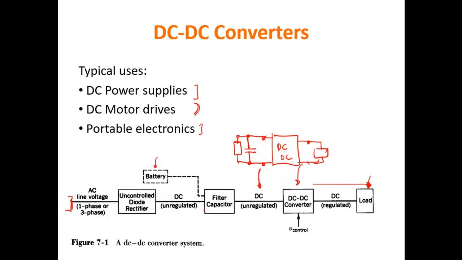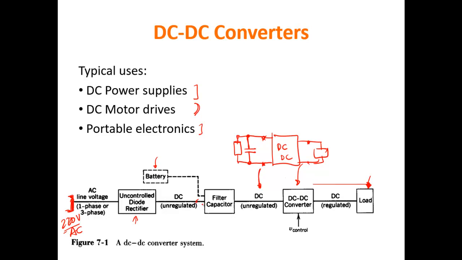The only difference is that from the plug here, where you have the 220 volt AC, to the filter capacitor, you need to have a rectifier, which basically transforms the voltage from an AC one to a DC one.